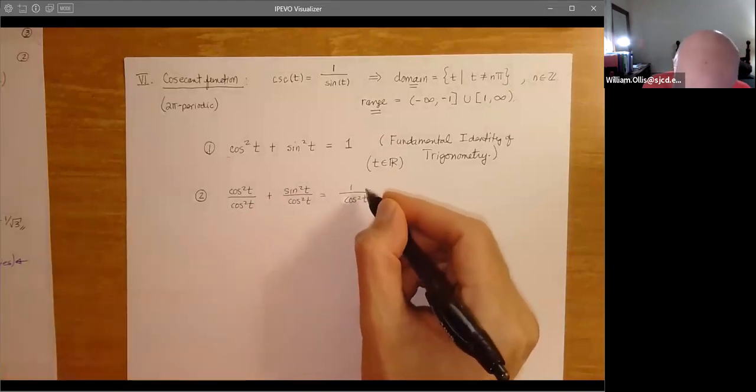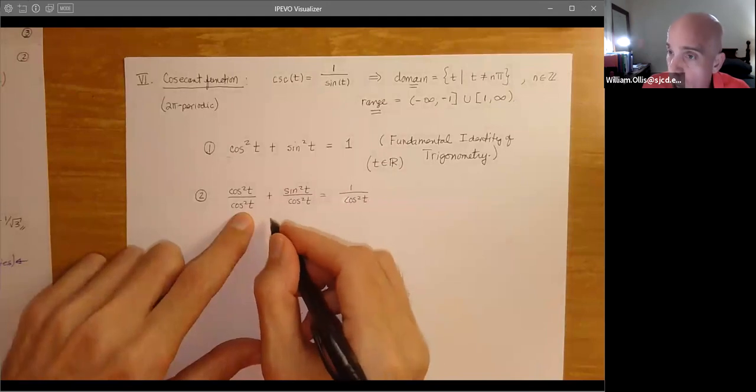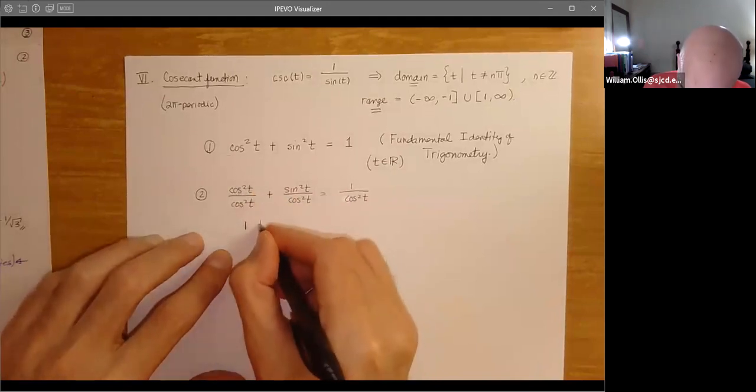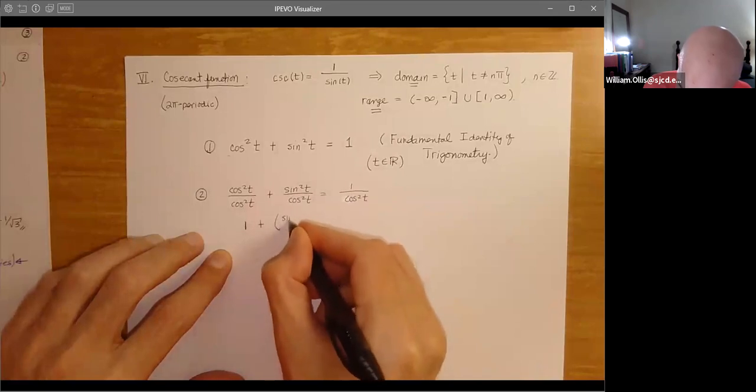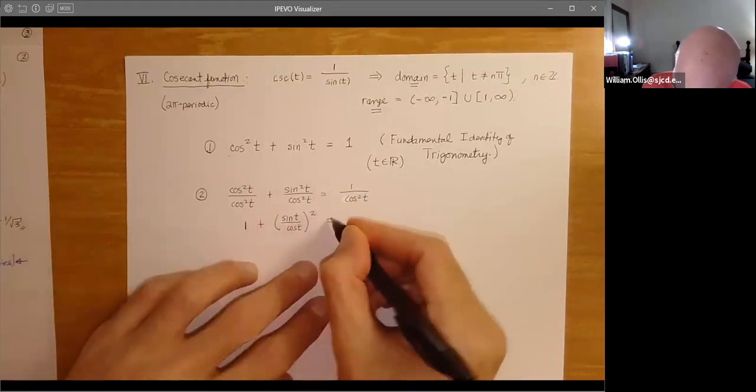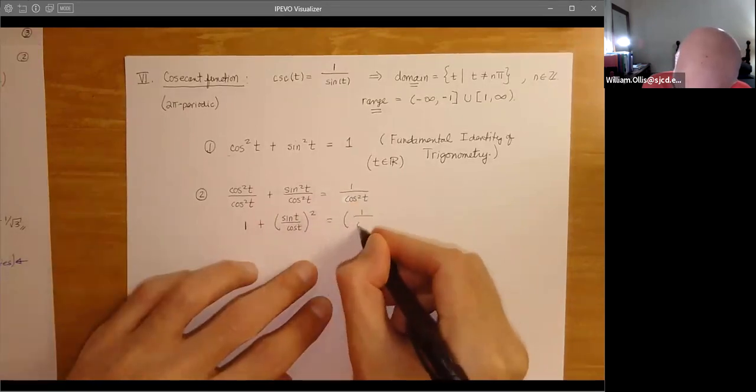Now what we can do is just use our laws of exponents. This is just 1, so we have 1. And then this is just sine t over cosine t squared. And this is just 1 over cosine t.